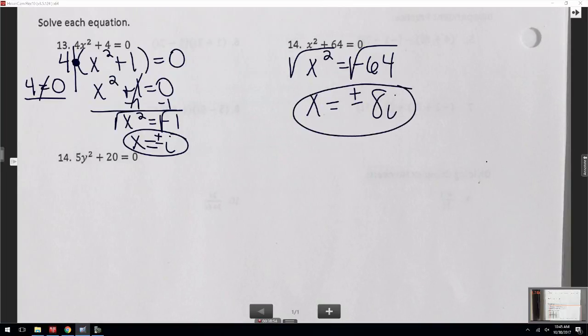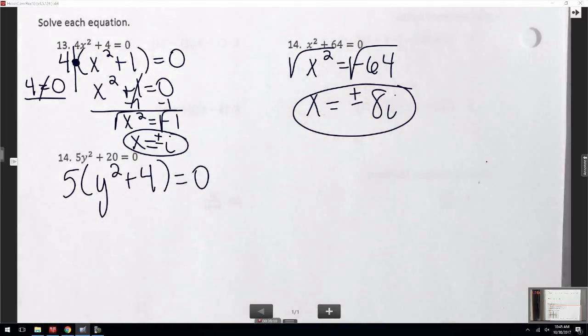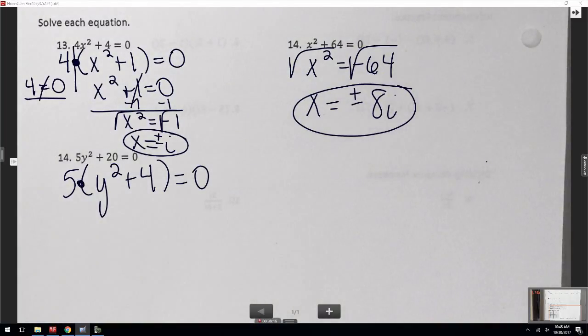Alright, last one. Down there, number 14. You ready? What do you notice? Got a GCF of 5. There you go. You got that multiplication right here?